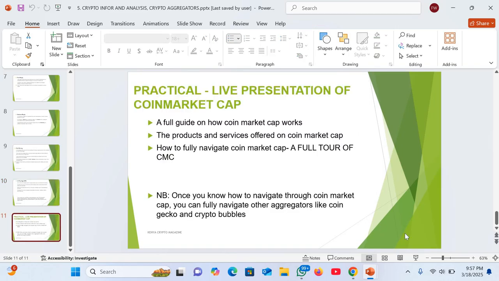So now I want us to do a live practical example on how to navigate CoinMarketCap. I want us to do a full guide on how CoinMarketCap works and the different services and metrics on CoinMarketCap.